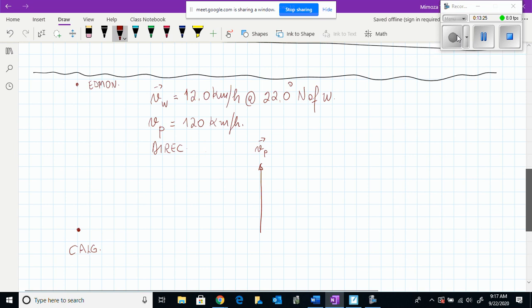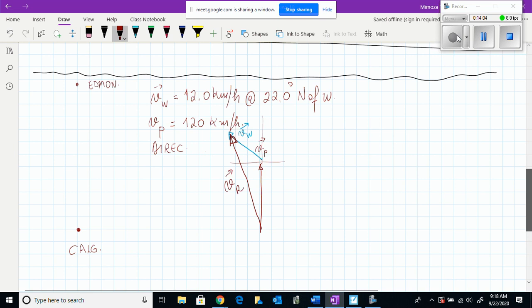And then you have the velocity of the wind affecting this motion. This is 12 kilometers per hour at 22 degrees north of west, which means north and west is in this quadrant here, so the wind affects your motion like this, which will result in a resultant velocity going this one here.